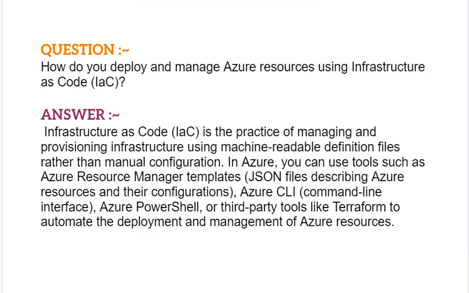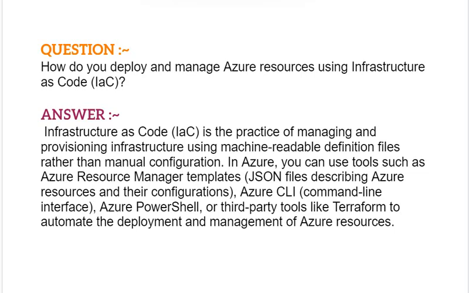Our next interview question is: how do you deploy and manage Azure resources using infrastructure as code, IaC? Your answer should be: infrastructure as code, IaC, is the practice of managing and provisioning infrastructure using machine readable definition files rather than manual configuration.